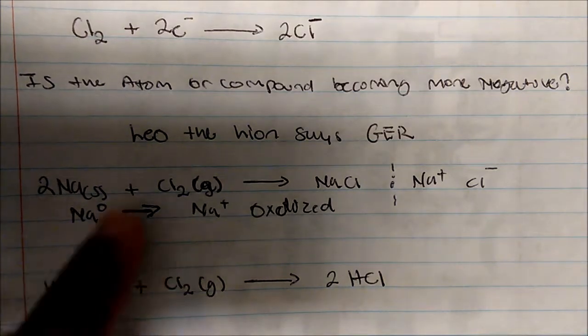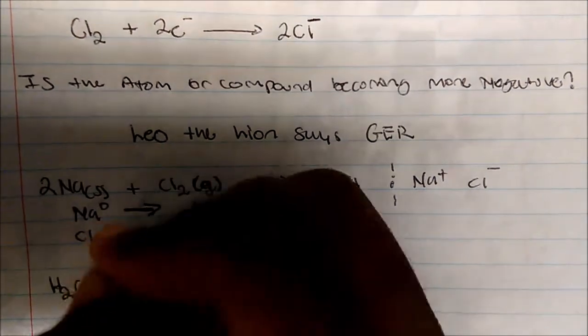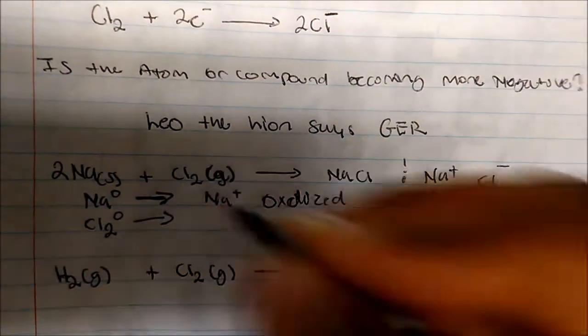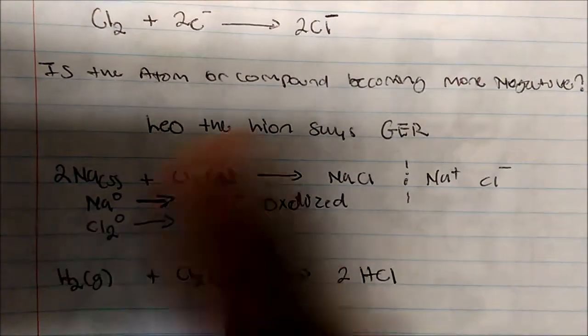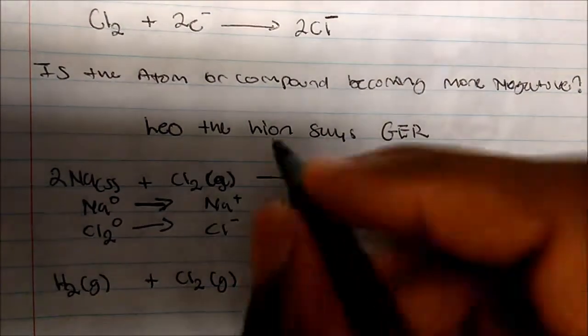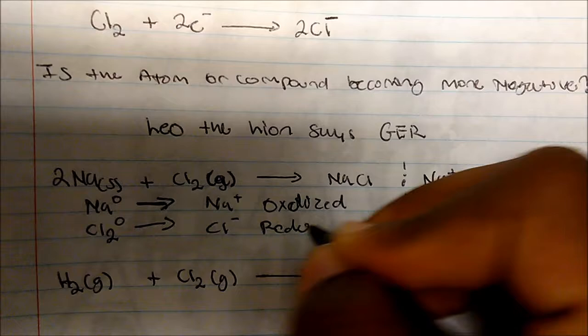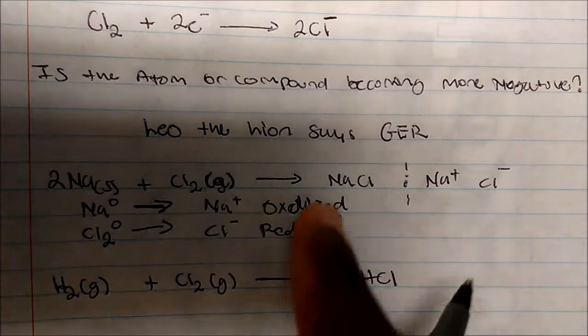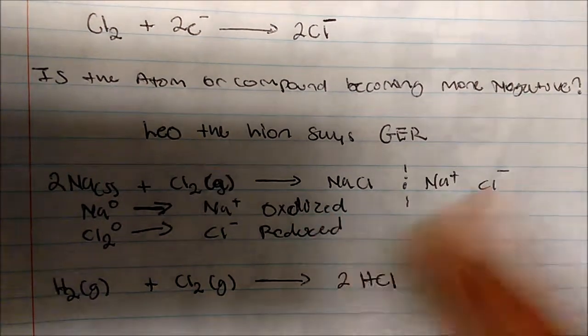Now with Cl2, it's a gas and it's in its natural state again. So that went from 0 to Cl-. That's becoming more negative, so we call that being reduced. Now here's the trick with finding your oxidizing agent and reducing agent. Whatever is being oxidized is your reducing agent.